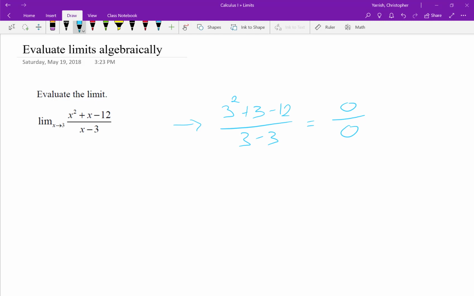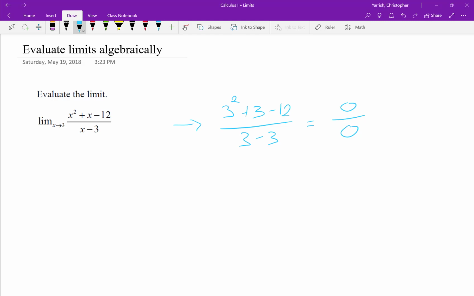So had my numerator and denominator gone to numbers like 1 and 5, my limit goes to 1/5. Had my numerator gone to 0 but my denominator went to -3, my limit goes to 0 over -3. Again, still 0. But because I see that my limit here has a numerator that goes to 0 and a denominator that goes to 0, that tells me two things.